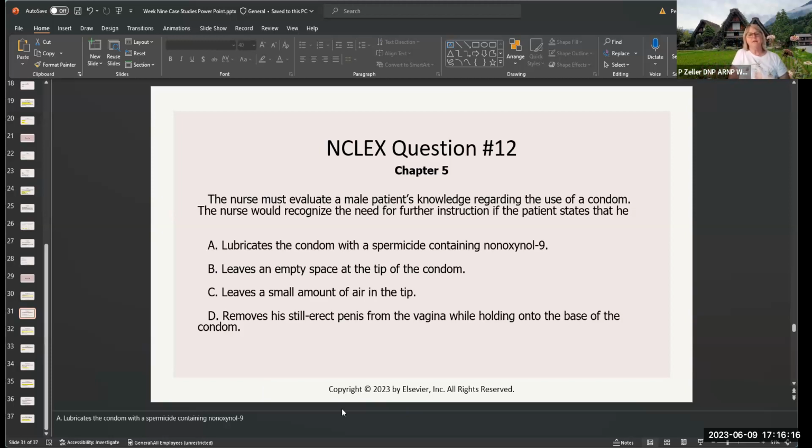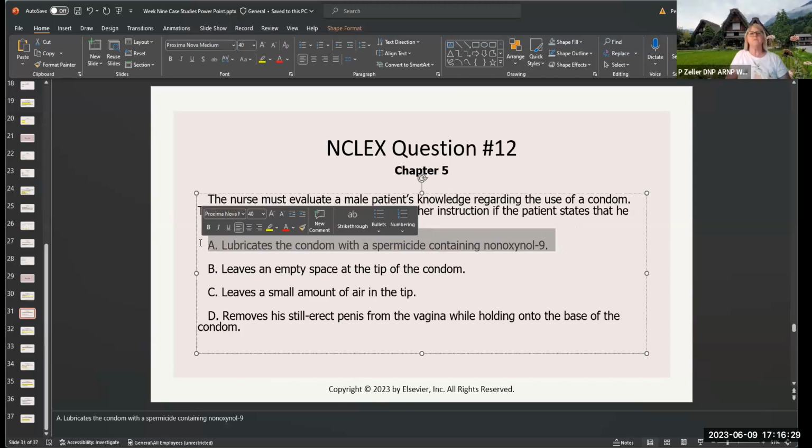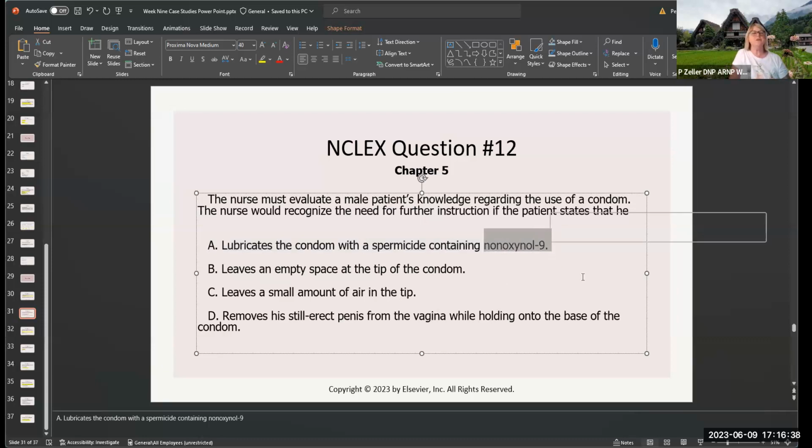Is it the first one? Yes. That kind of spermicide with nonoxynol-9 will actually cause the condom to allow permeation. In other words, it's not reliable if you use that kind of spermicide with a condom.